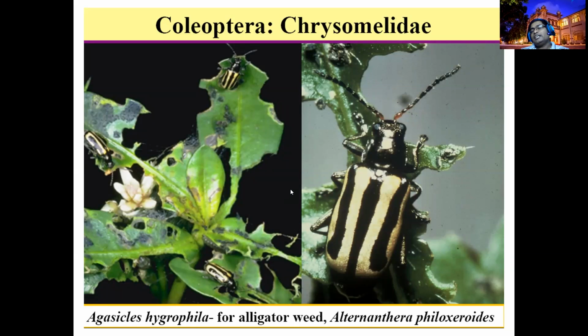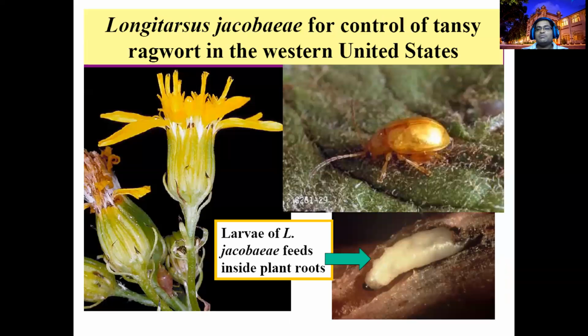This weed is problematic mainly in the intermediate and wet zones of Sri Lanka. We can also use this one in the intermediate and wet zones, but we have to thoroughly check before introduction.